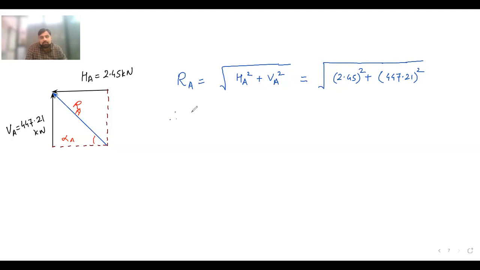So therefore, what will the reaction RA be? Solve it and let me know the answer.